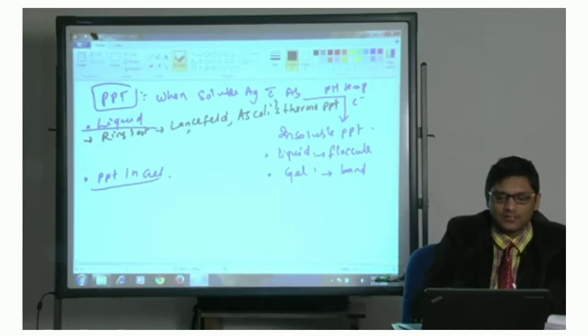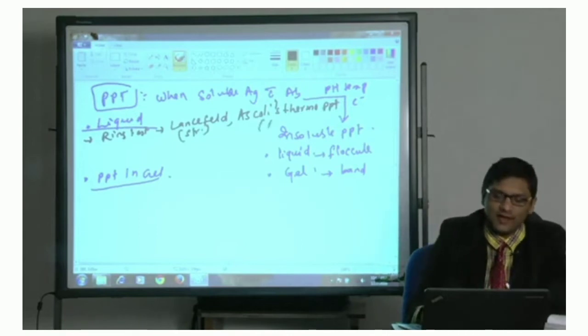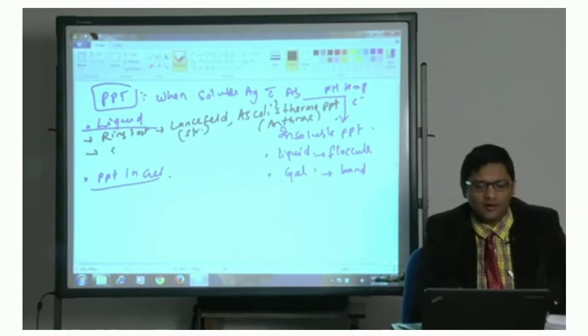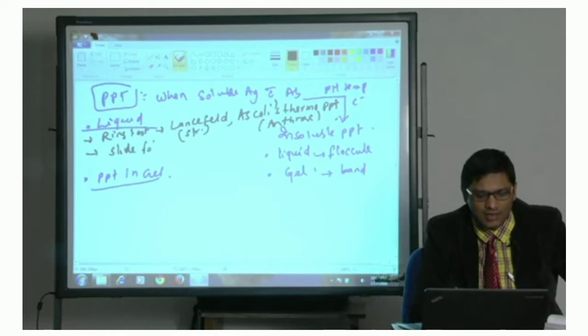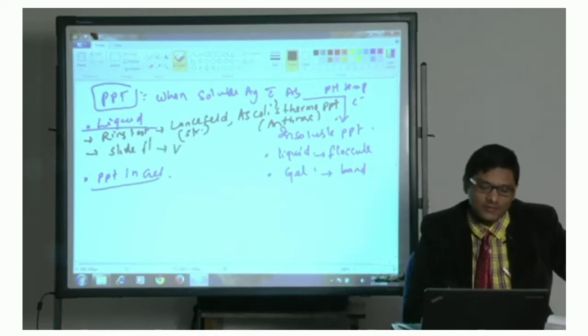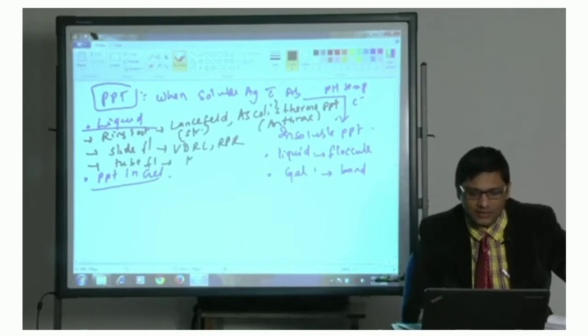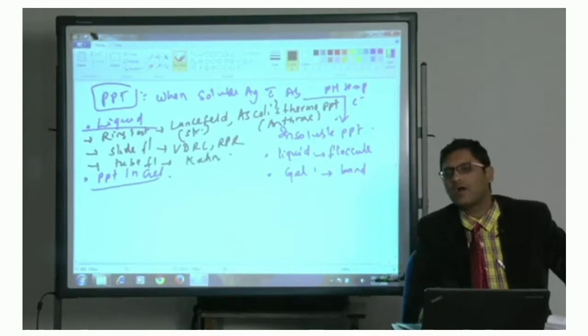Lancefield grouping is done for Streptococcus, and Ascoli's thermoprecipitation test is done for anthrax. It's a very old test, not done now. Then the slide flocculation test and tube flocculation test. Slide flocculation tests are VDRL and RPR. Tube flocculation test is the Kahn test. Both are done for syphilis.